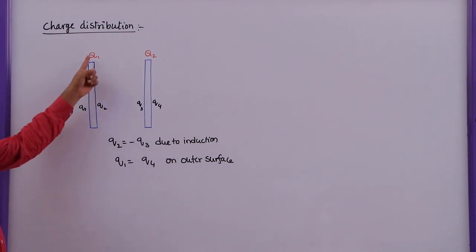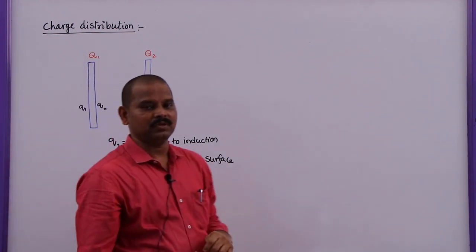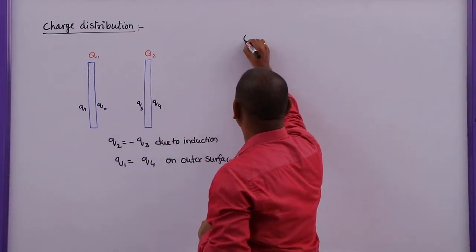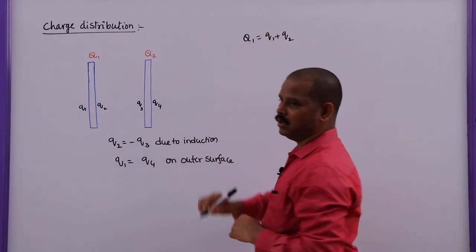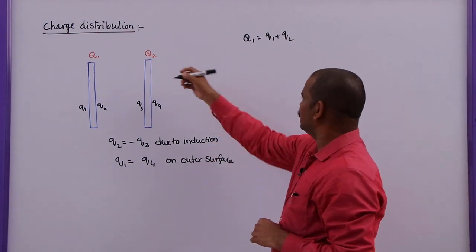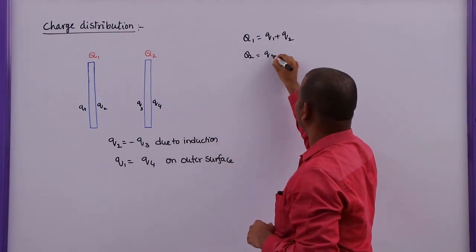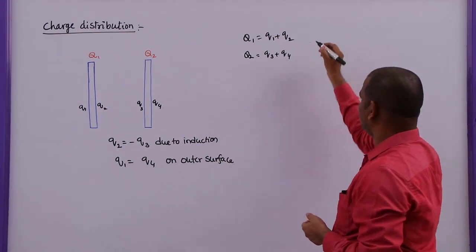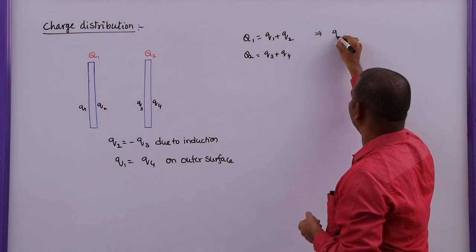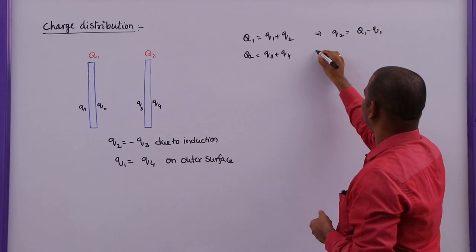Now, let me take this one. The total charge Q1 is the sum of the charges on the two sides of this plate, two surfaces of this plate. So we can write Q1 is equal to small q1 plus small q2. Equation 1. Similarly, Q2 can be written as q3 plus q4. So here we can write q2 is equal to Q1 minus q1.